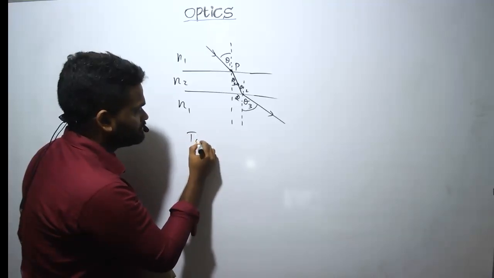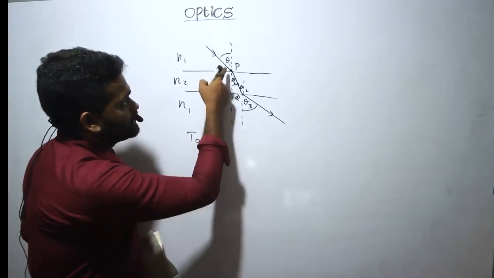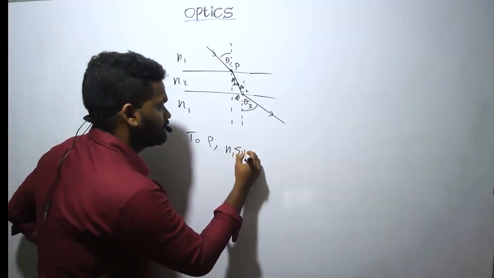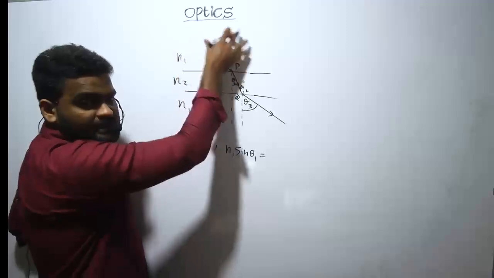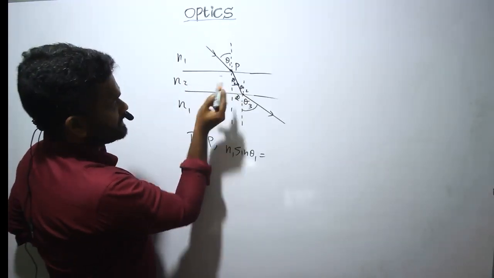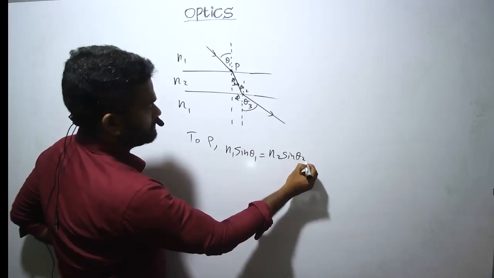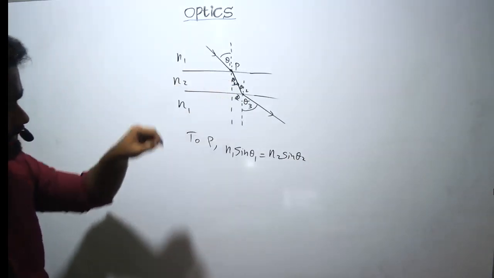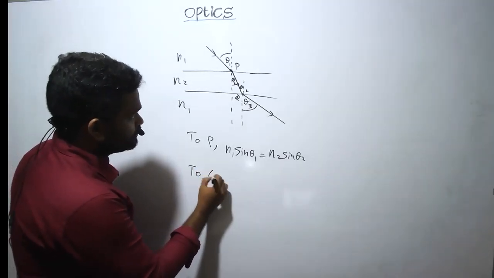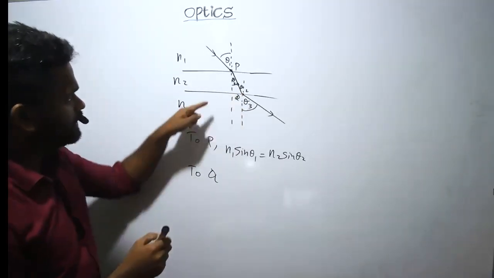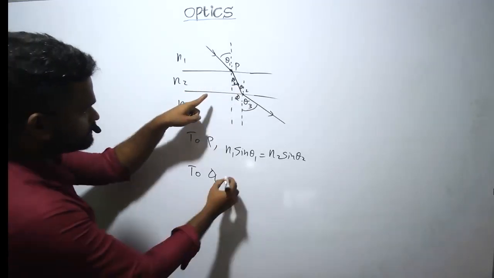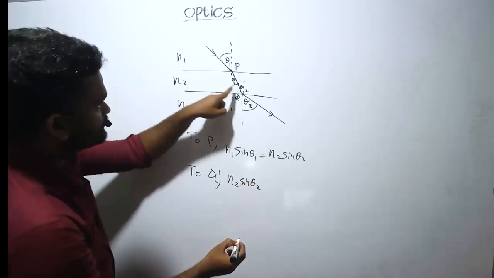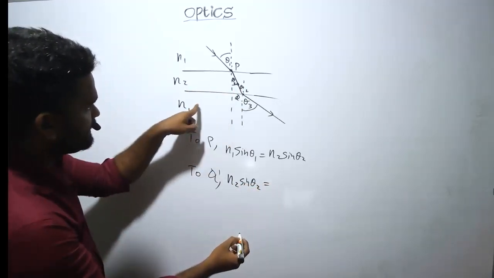If you apply Snell's law to P, n1 sine theta 1 equals n2 sine theta 2. Then to point Q, n2 sine theta 2 equals n1 sine theta 3.